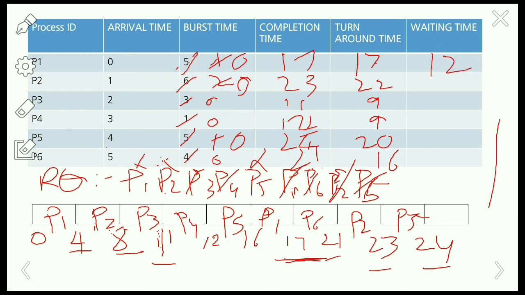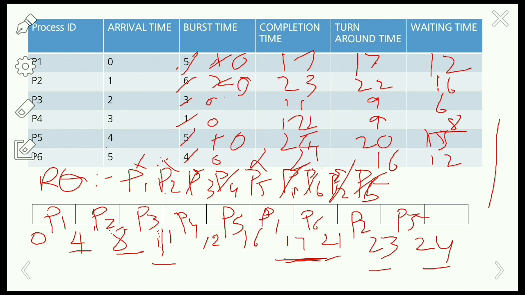Similarly 22 minus 6, that is 16, then 9 minus 3, that is 6, and 9 minus 1, 8, 20 minus 5, 15, and 16 minus 4, that is 12. This is how we calculate the turnaround time and waiting time.